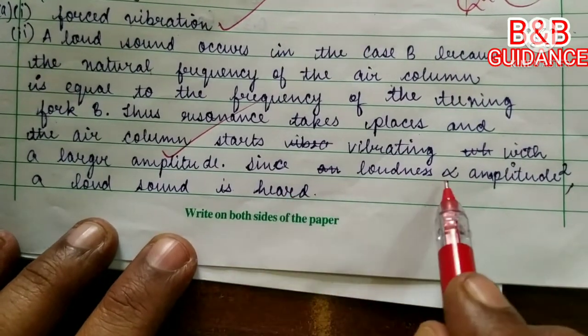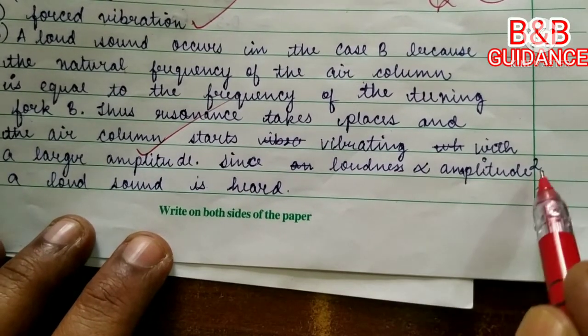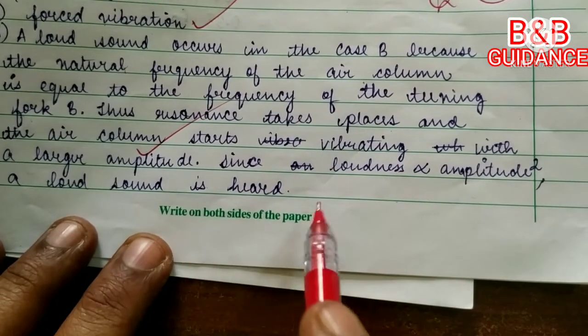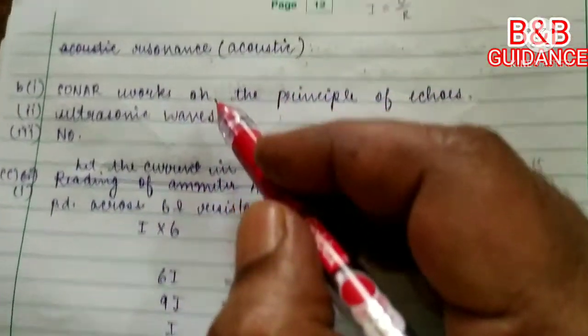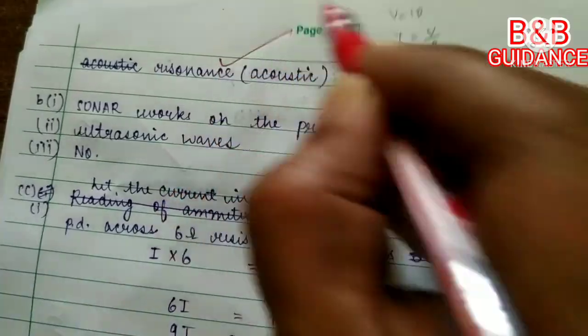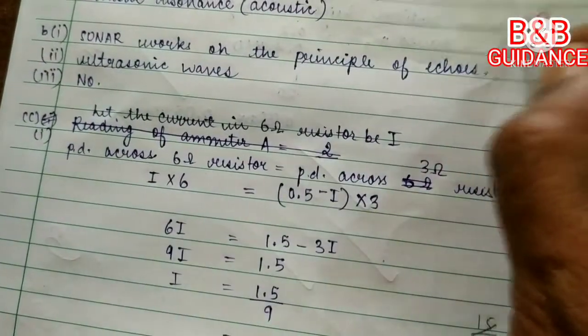Since loudness is directly proportional to the square of amplitude, a loud sound is heard. Okay. The name of the phenomenon is mentioned here, that is resonance. So 3 marks.